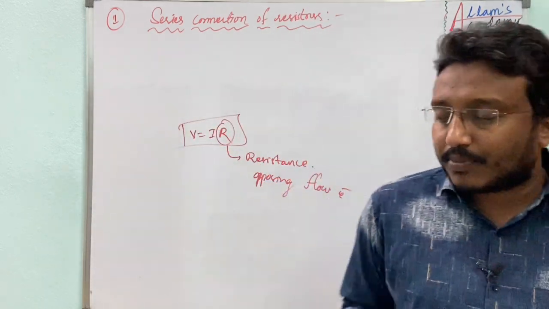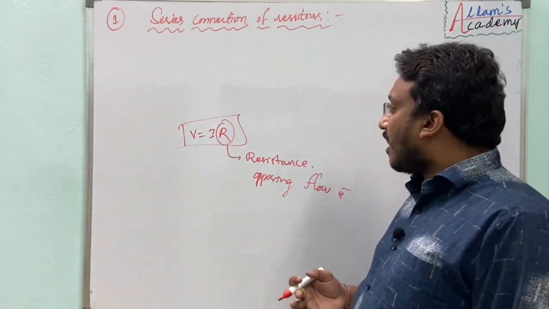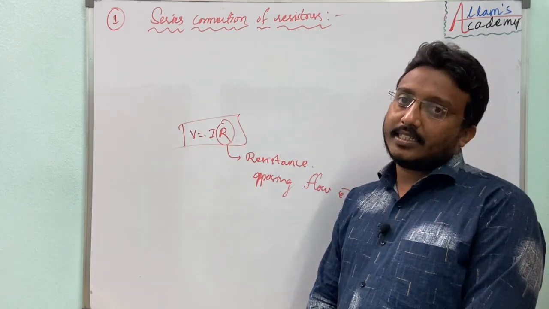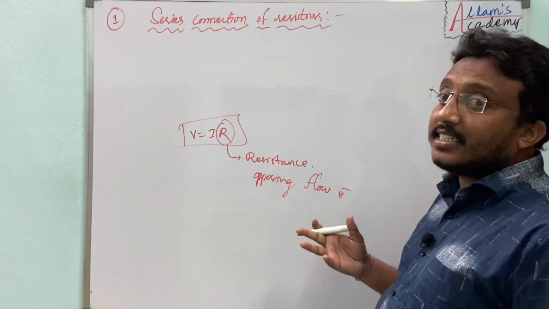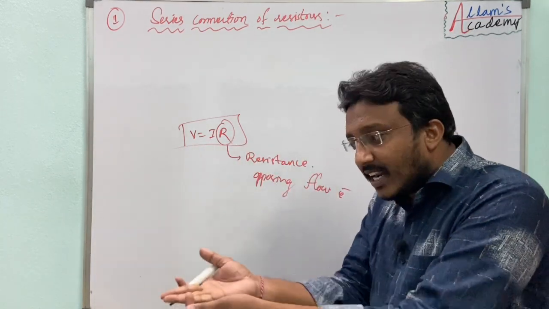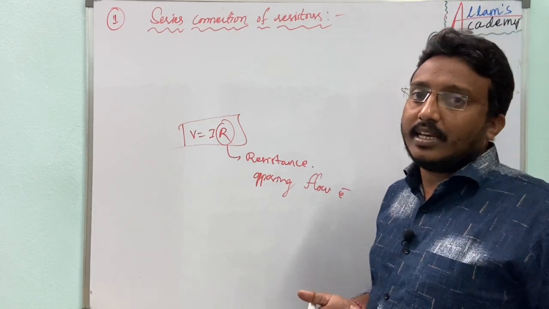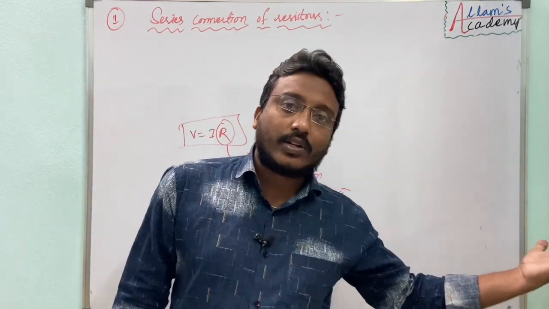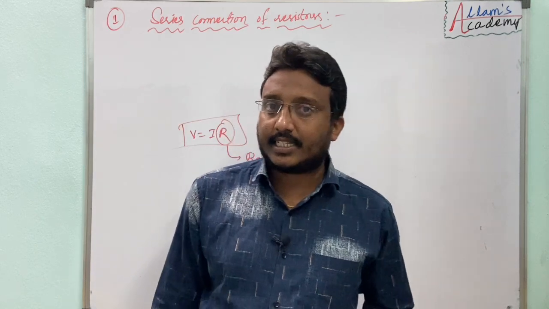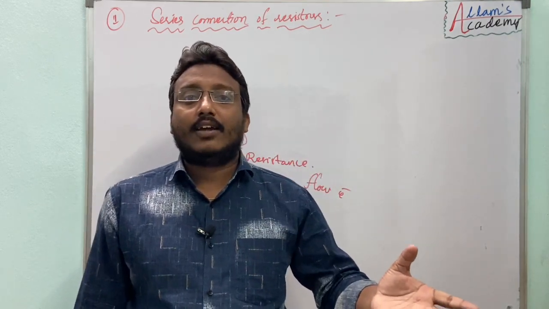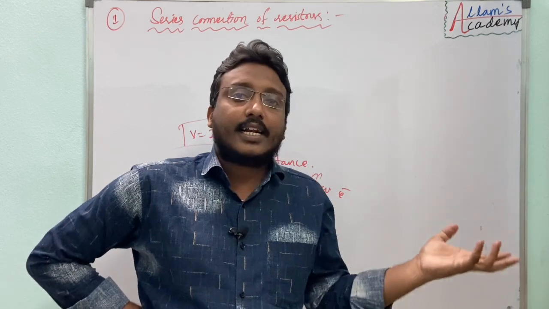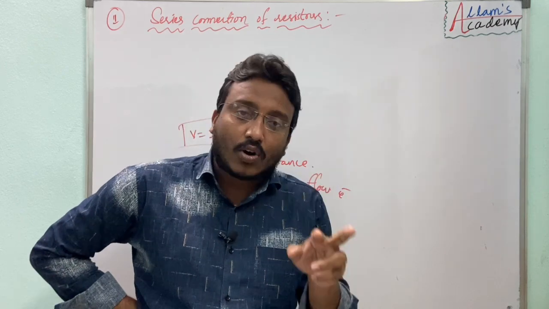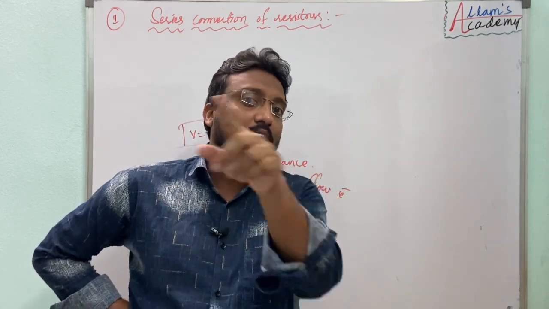Resistance means, in a very simple manner we can say, opposing of flow of charges is called resistance. The material which resists the flow of charges is called a resistor. The opposing nature exhibited by the conductor is called resistance. Those which are resisting are called resistors.